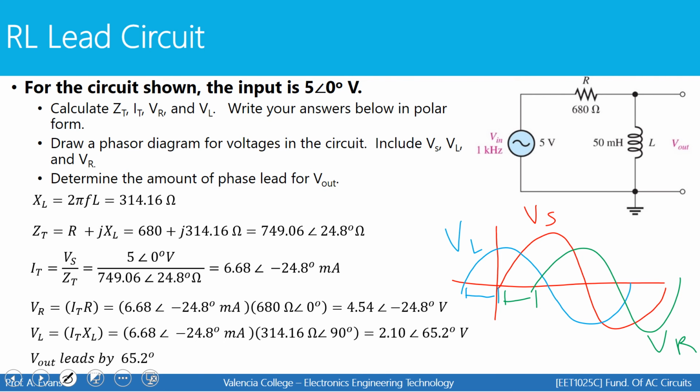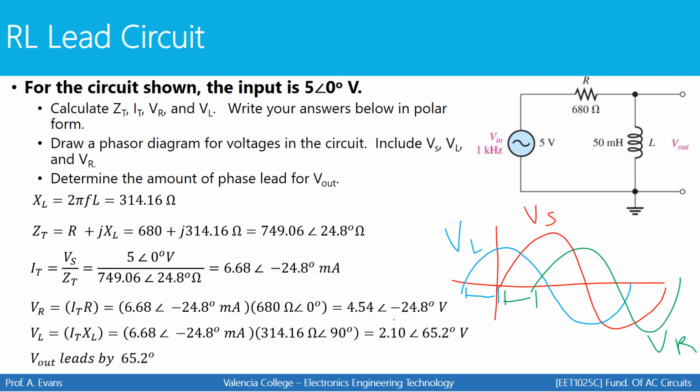So when we make these calculations, it may feel like just a bunch of numbers, but it's always important to relate those numbers back to sine waves and what we're actually going to measure when we build a circuit like this on the bench. So if you were able to build this on the bench, or if you build it in Multisim, this is what you'll see. And then the other thing you'll see is that the peak value of each sine wave will match the magnitude of your phasor.